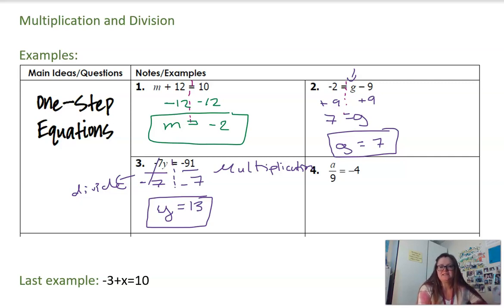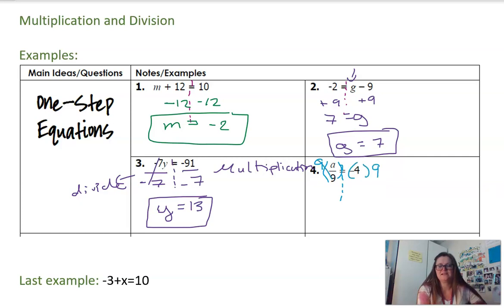Okay, last example starts with division. So now, in order to get rid of the division, we need to multiply. Rather than thinking of this like a fraction, I recommend you think of it like a divided by 9. Then to get rid of it, we're going to do times 9 on both sides of the equal sign.